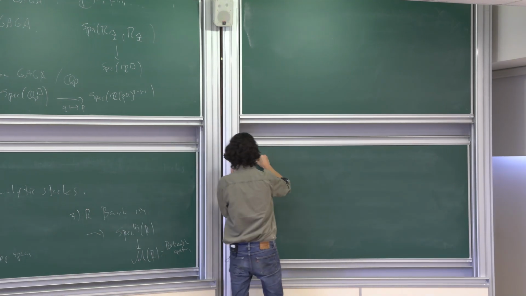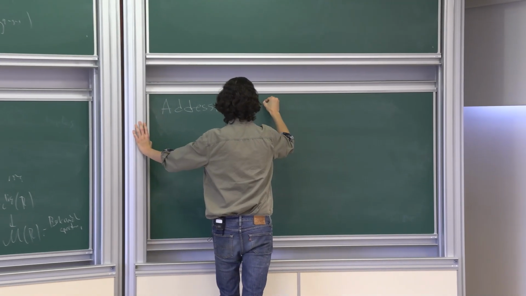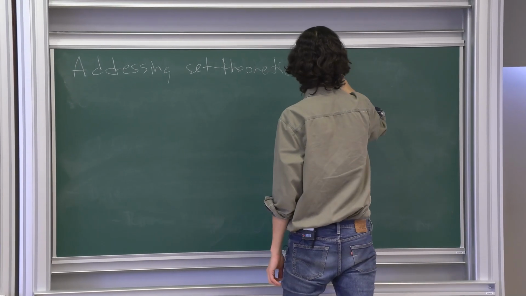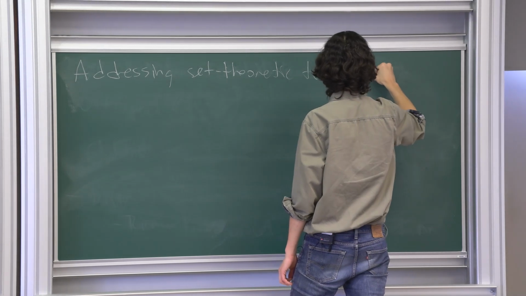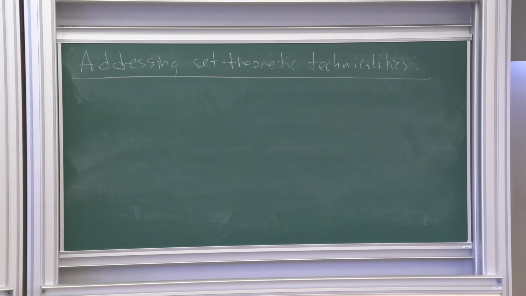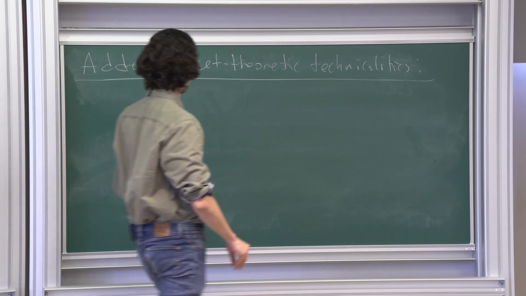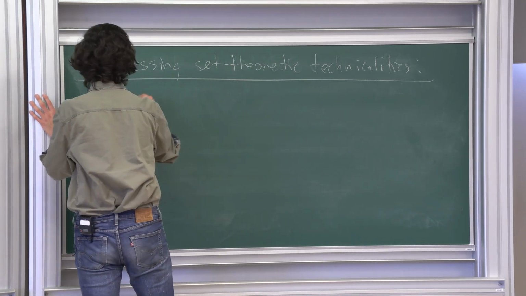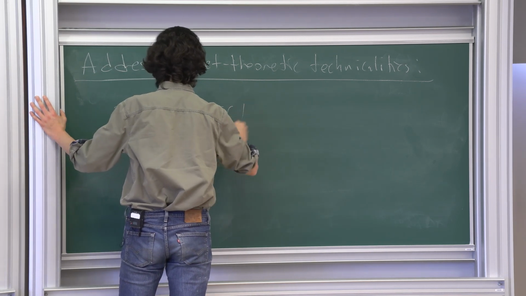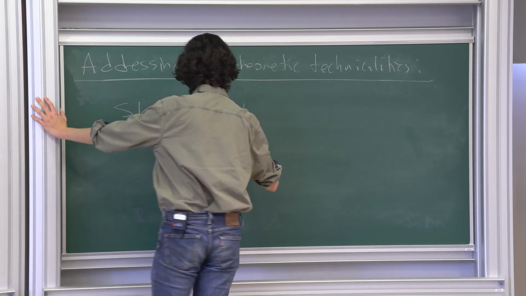So addressing that, let's go back to our algebraic analog. This was the opposite category of commutative rings.